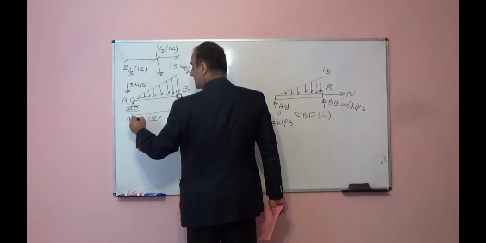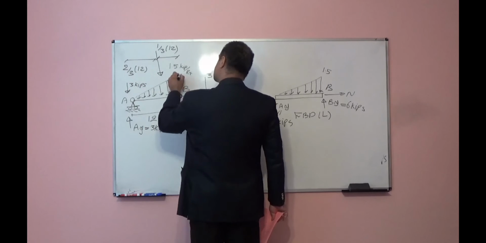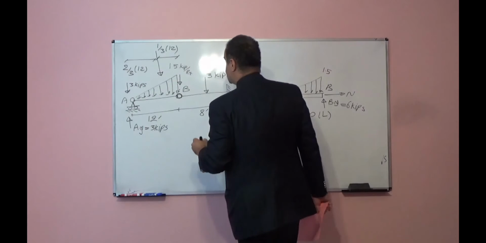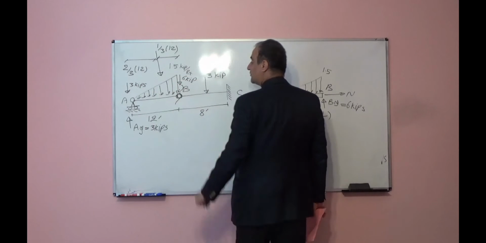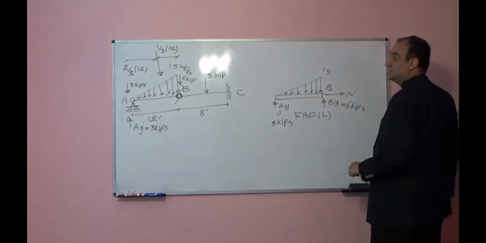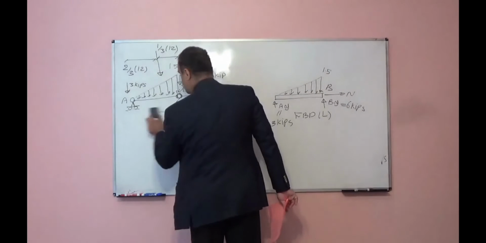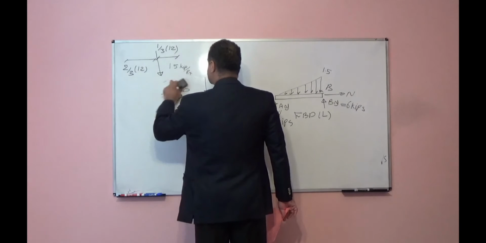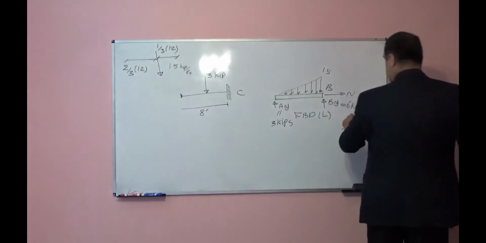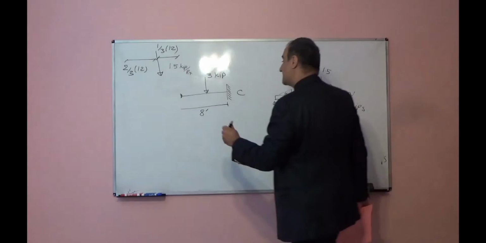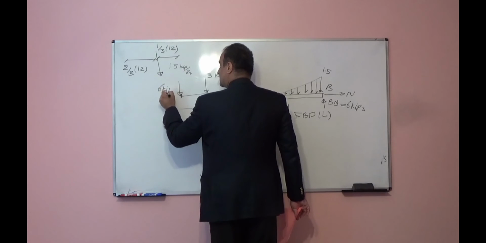So here reaction will be 3 kips. 6 kips will transfer this side. So if I cut at point B, reaction BY will be 6 kips. Reaction is 6 kips, but action, the external load applied at point B, it is action. It means it is in inverse direction of the reaction, that is 6 kips.